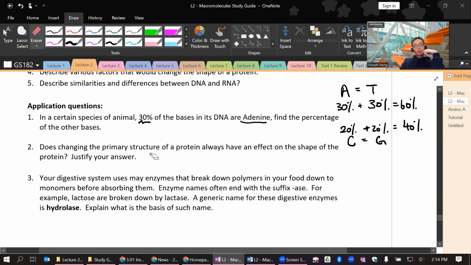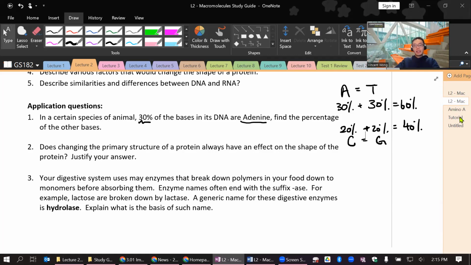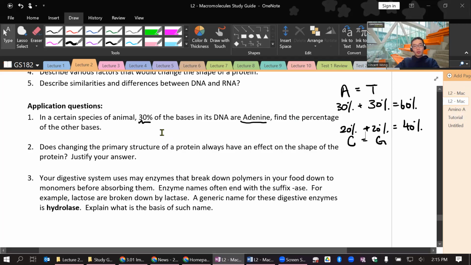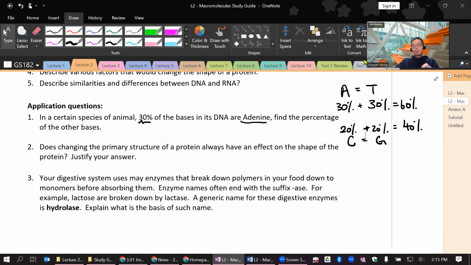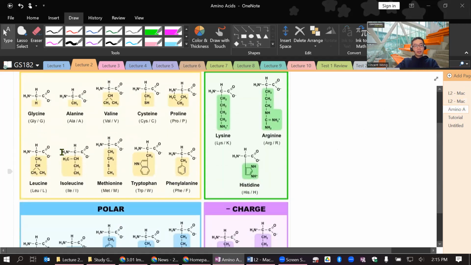Does changing the primary structure of a protein always have an effect on the shape of the protein? Justify your answer. The short answer is no, not necessarily. Because if you change the primary structure, it means you are changing the amino acid sequence, right? But let's take a look at our amino acids here.